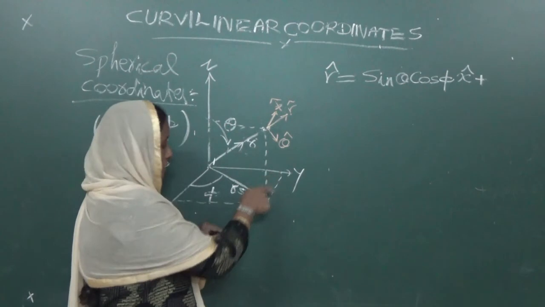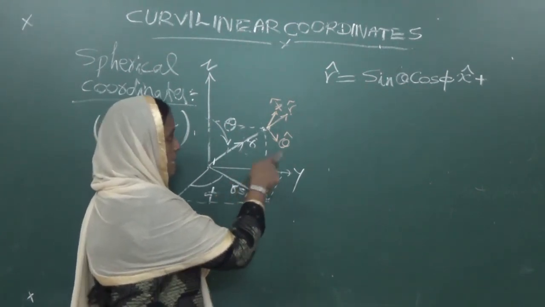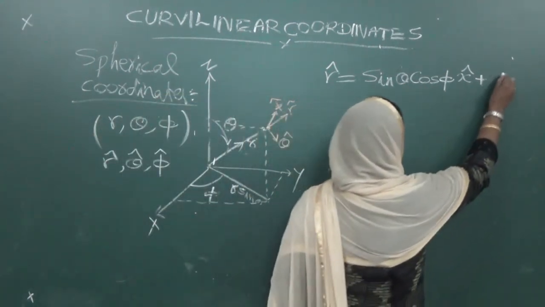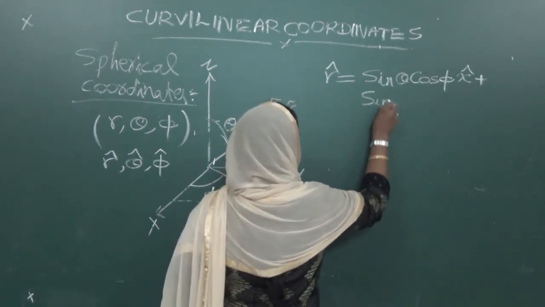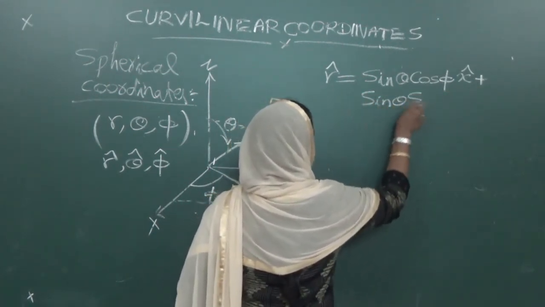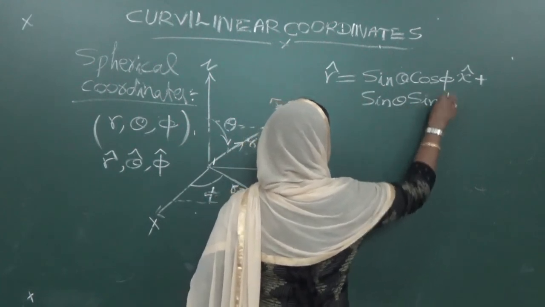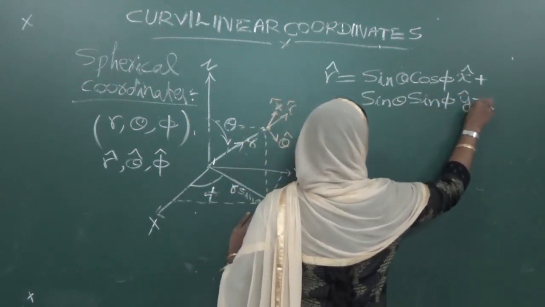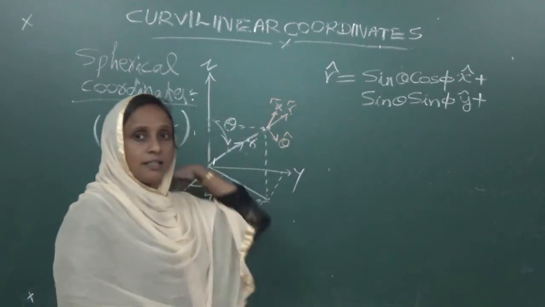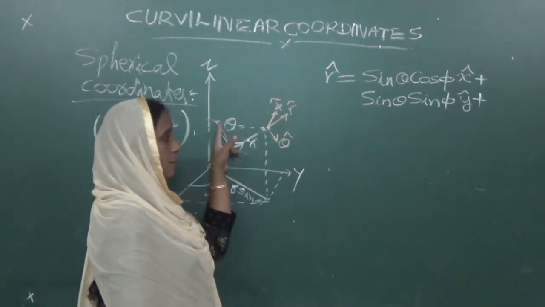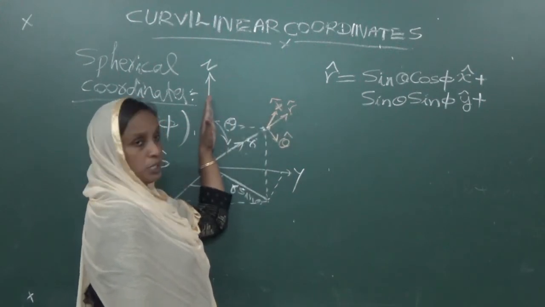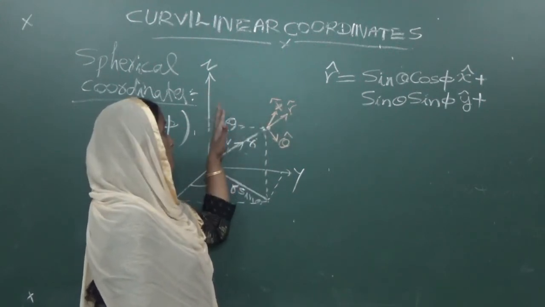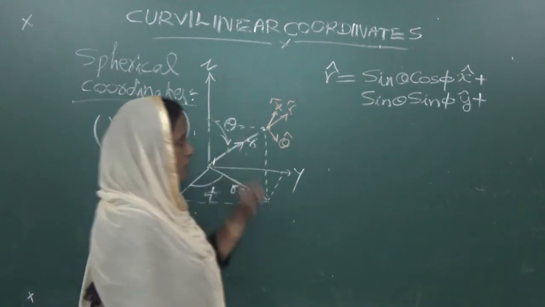The y cap component is sin theta sin phi, right? You can write here sin theta sin phi y cap plus. The next component is along z cap. The projection of r cap along z cap is given by cos theta z cap.